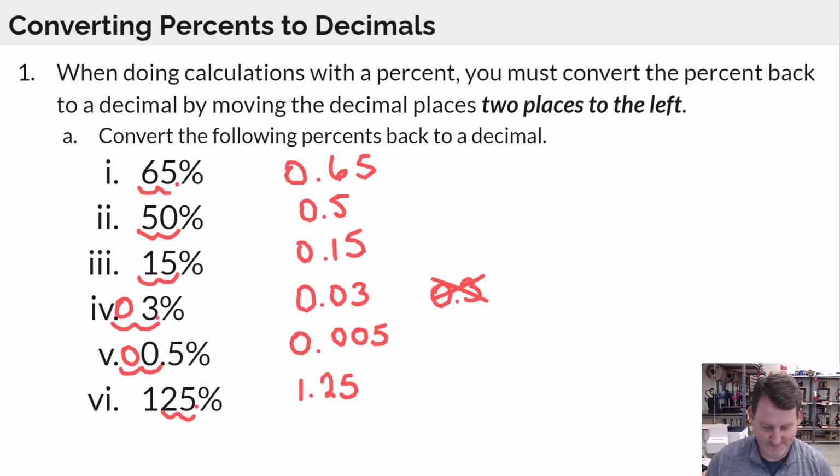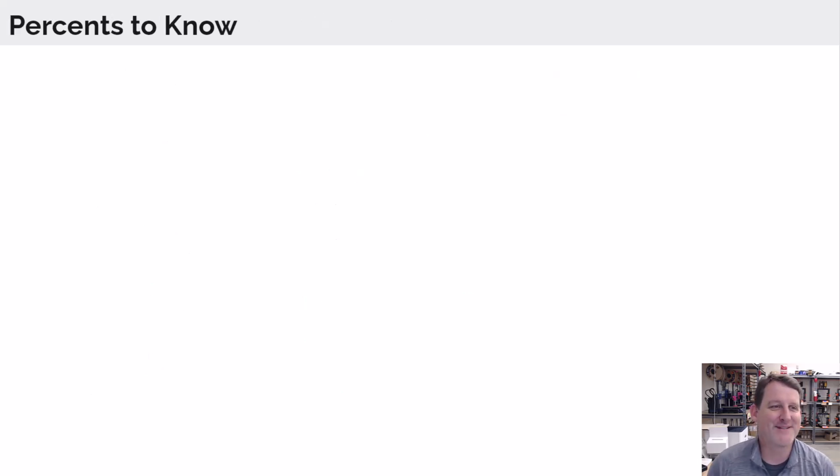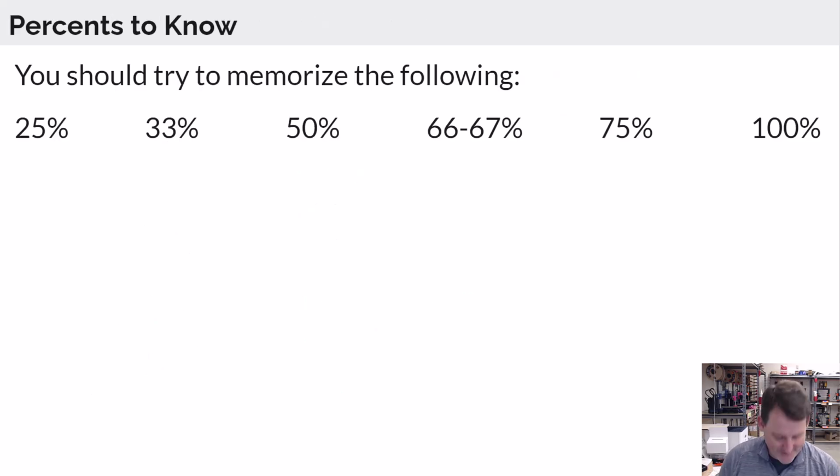All right. Percents to know. So I want you to know that 25%, you should be able to call this 1/4. Quarter. So a quarter of something. Okay. 33% is 1/3.